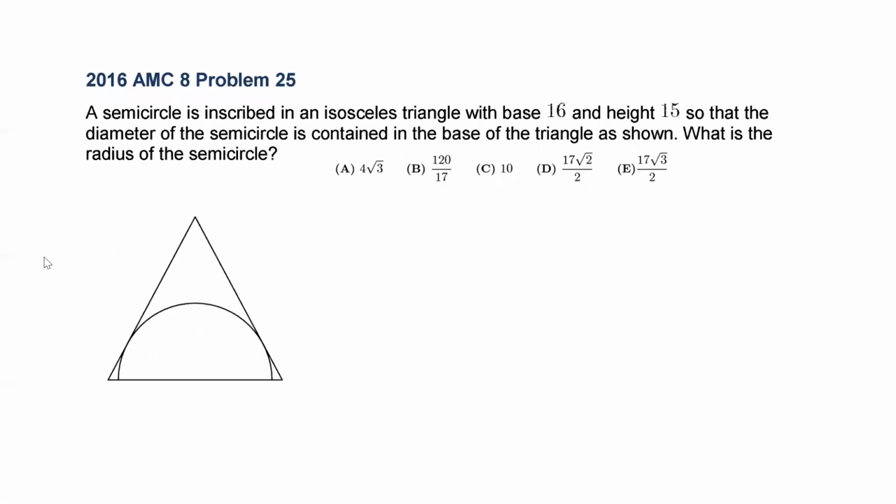As I was saying, the midpoint of this base is going to be the center of the semicircle. And when you see a problem where you have tangent lines to a circle or an arc, then you have to connect to the tangent point. And if you connect to the tangent point on either side, then you always meet at right angles.